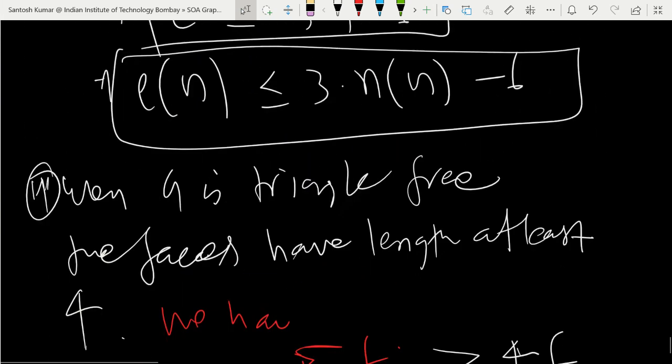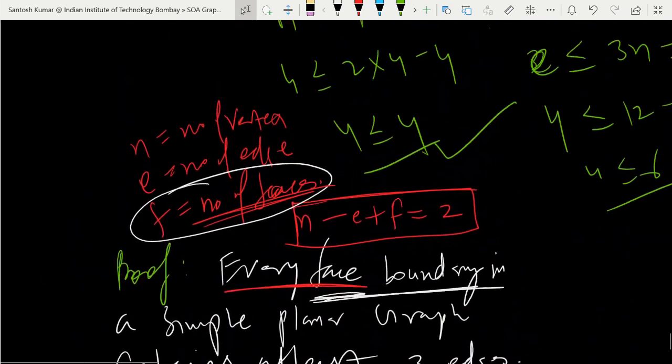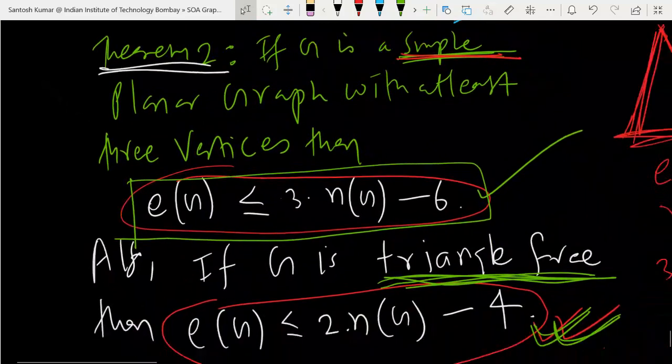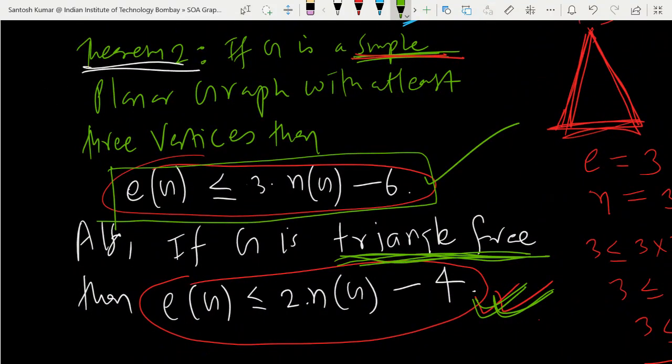One thing you can notice in the statement is that this is not an if and only if case. If the graph is a simple planar graph with at least 3 vertices, then it will hold. If this result holds, it does not guarantee that the graph is simple planar.